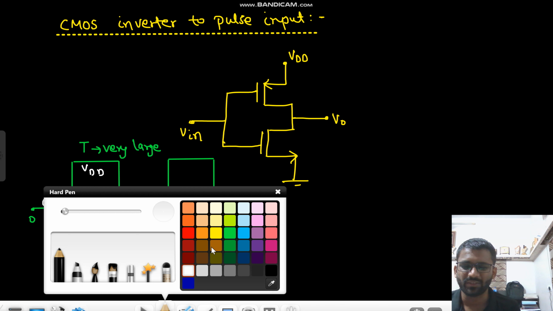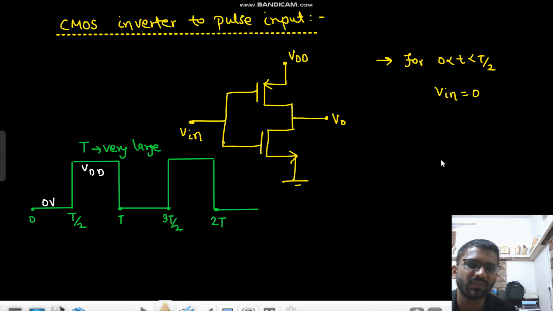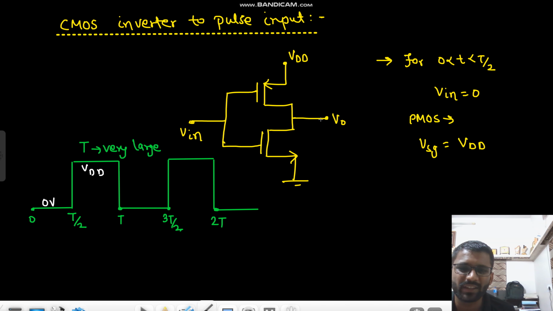For 0 to T by 2, what is your Vin? Vin is equal to 0. Then in case of PMOS, your VSG would be VDD, right? And at the output we can connect a capacitor.